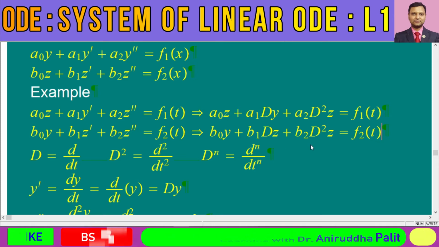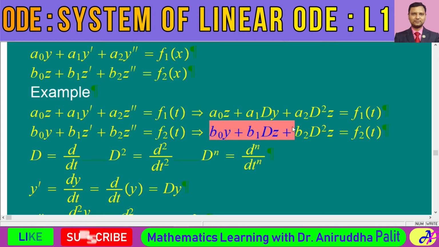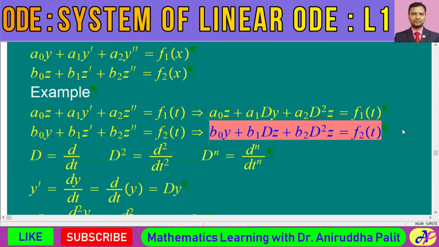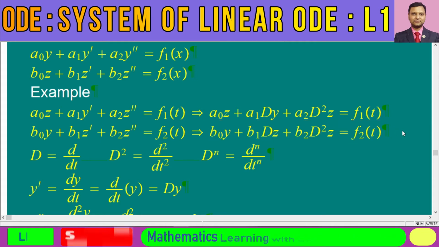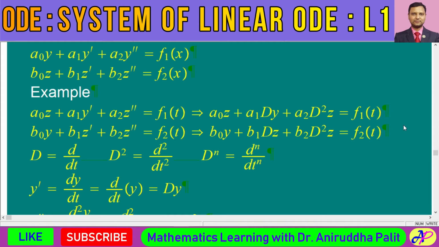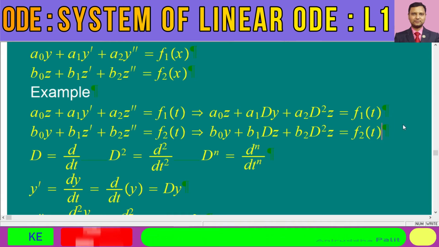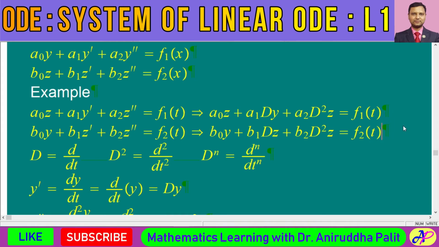But let me show you what the challenge of solving this kind of differential equation is. You see, whenever you have algebraic equations, these are not differential equations. Suppose we have two algebraic equations involving two variables.